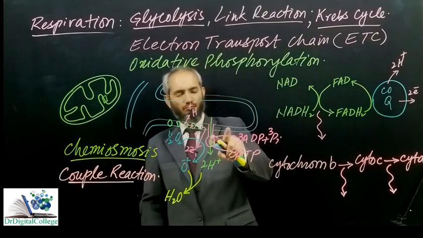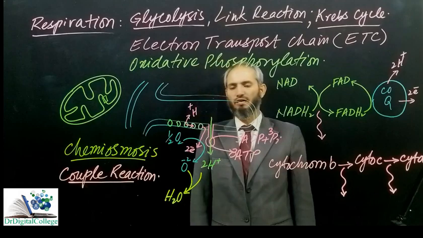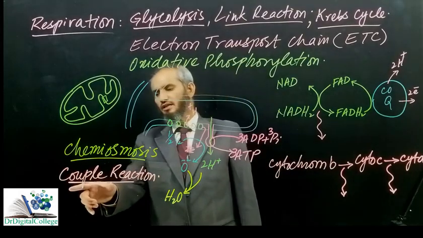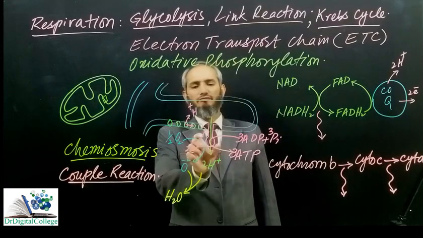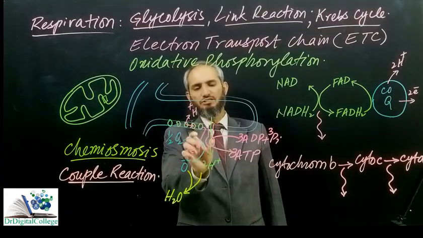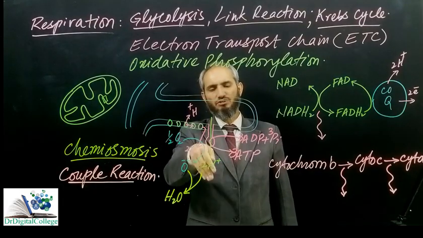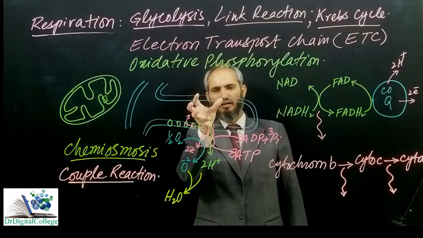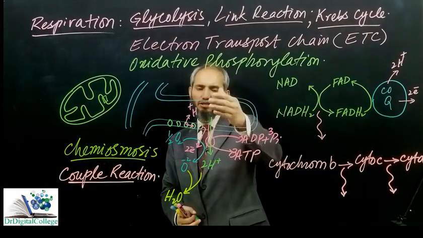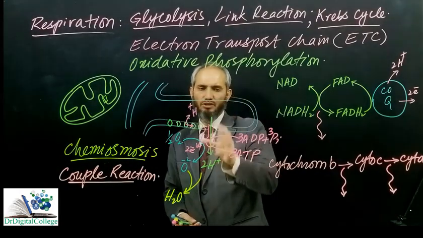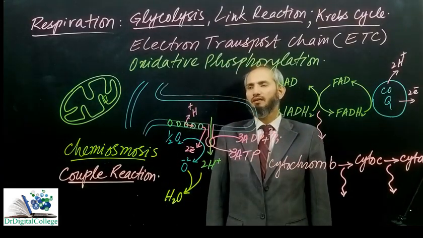That's why the overall biochemical process being done on the head of the stalk particle or the F1 particle is also called coupled reaction. This F1 particle is protein in nature. It has a specific structure, and when protons are passing through it, it is revolving like this. The electrical energy is passing through it and it's moving, and that electrical energy is used here.